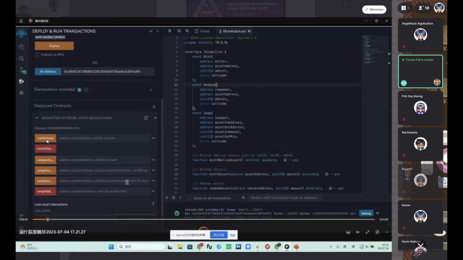Take an example on Moonbeam. vDOT and vFIL are vTokens for Moonbeam, but vGLMR is the vToken of the native token on Moonbeam. So that's the difference between mintVAsset and mintVNativeAsset.